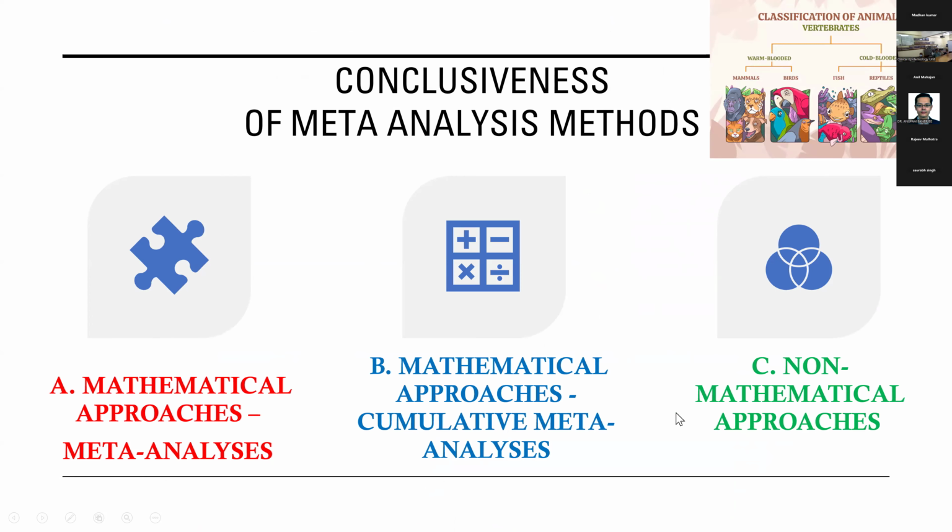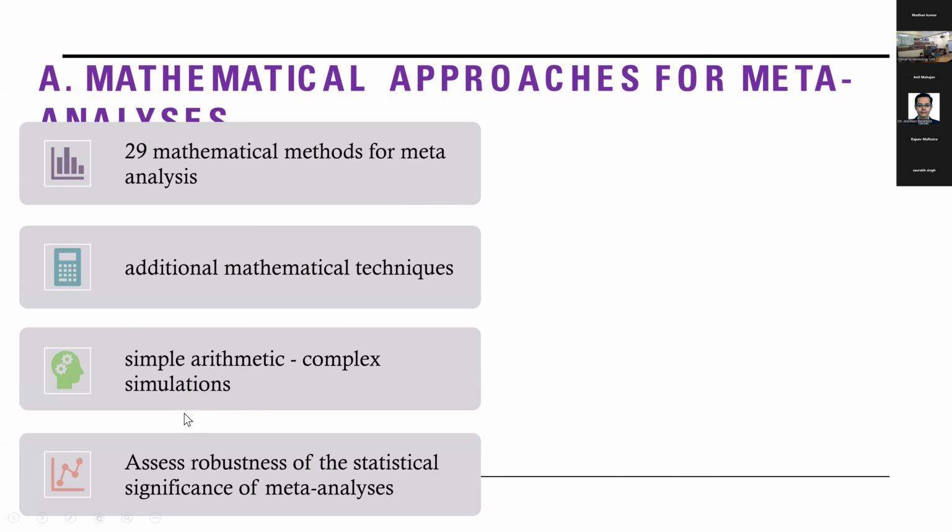I am making fun. If Cochrane uses GRADE, somebody else will use Ottawa and somebody else will use the Joanna Briggs method of looking at conclusiveness. So these are non-mathematical approaches. I will spend little time on this. I am going to spend more time on mathematical approaches to meta-analysis and mathematical approaches to cumulative meta-analysis, which I have explained are 2 different things. The topic is conclusiveness of meta-analysis.